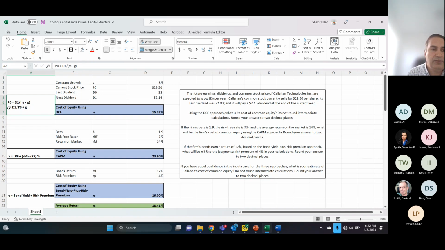So RS would be equal to D1 divided by P0 plus G. So that is what we do.